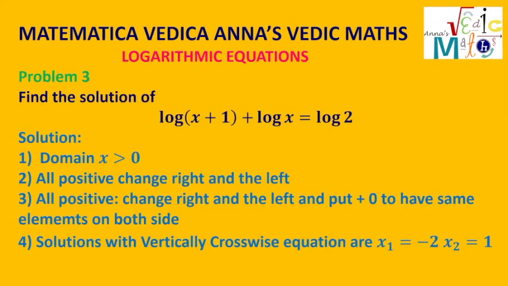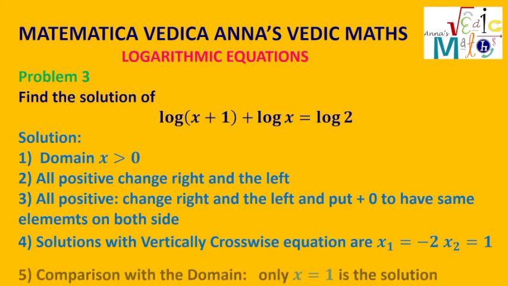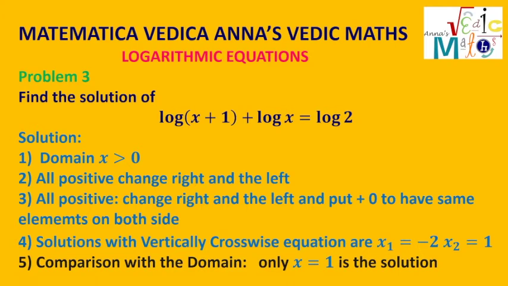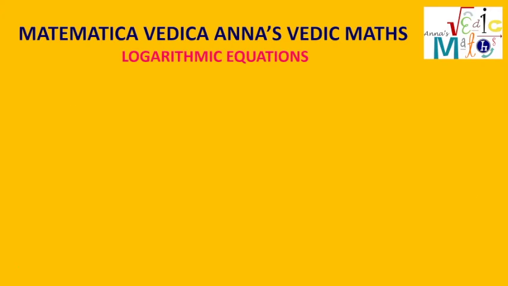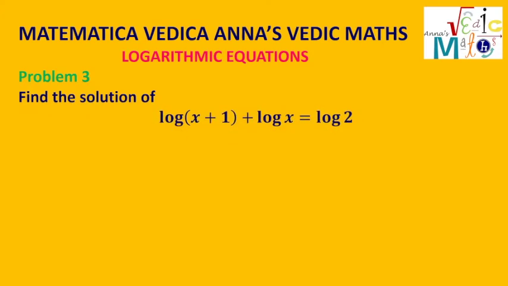To find the solution of this logarithmic equation, we only need now to compare the results of x1 and x2 with the domain. The domain is only positive numbers, so we choose only x equal 1. One more note about this equation.